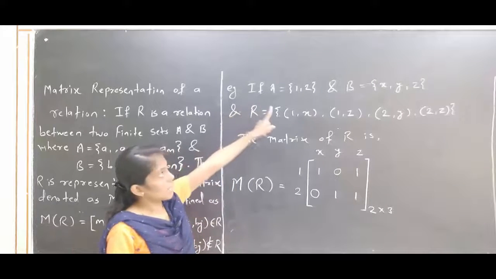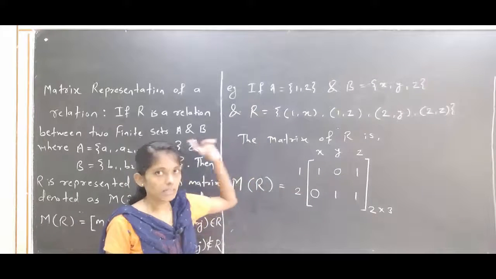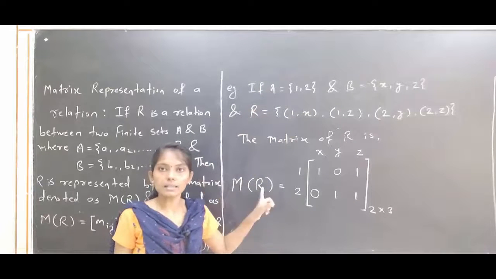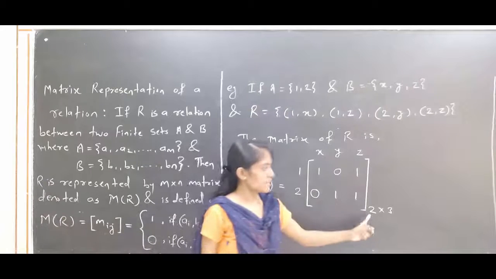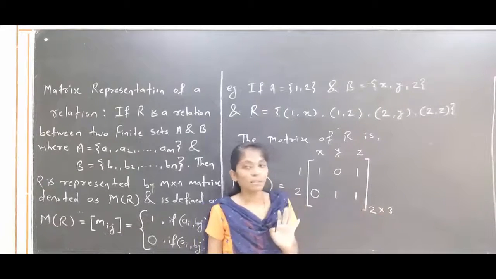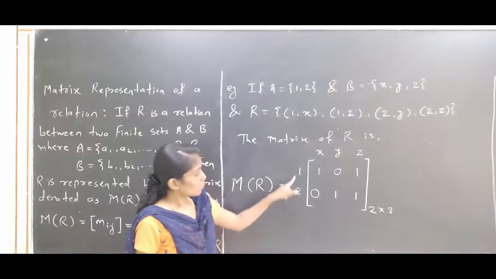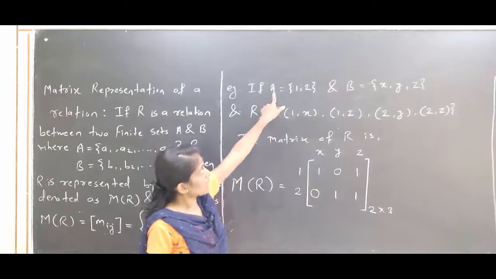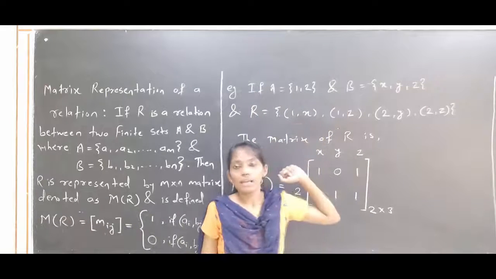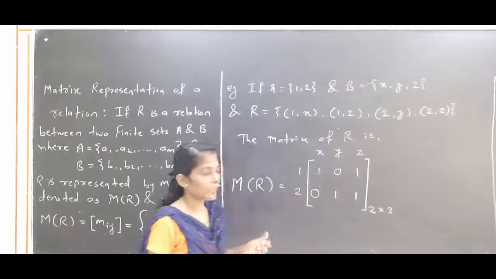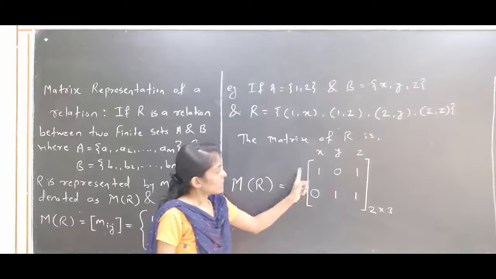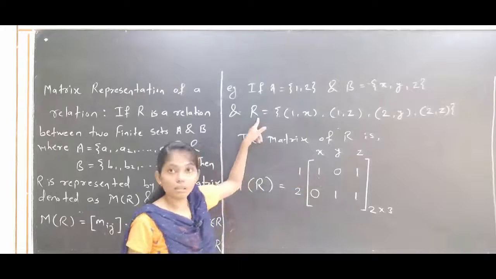Here sets A and B are finite sets. Set A contains 2 elements and set B contains 3 elements. So the order of the matrix is 2 by 3, that is, the matrix contains 2 rows and 3 columns. Okay, so rows are represented by the elements of set A and columns by the elements of set B. We mark the entry 1 if that pair belongs to the relation.